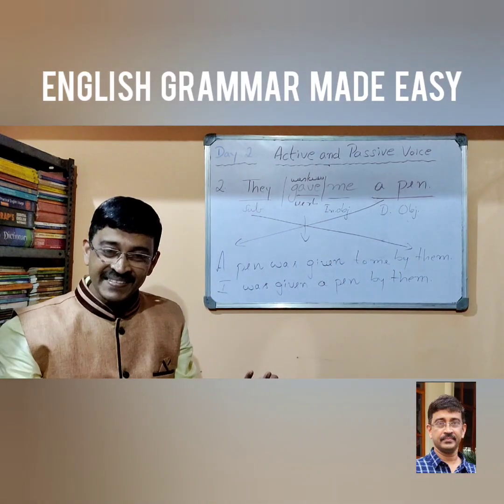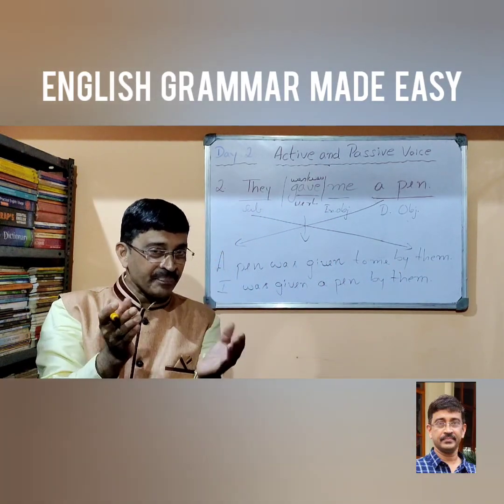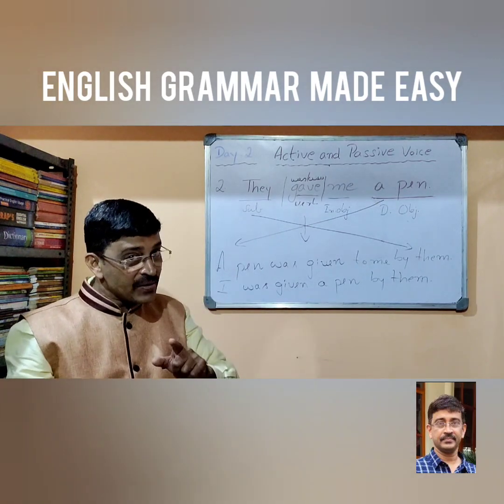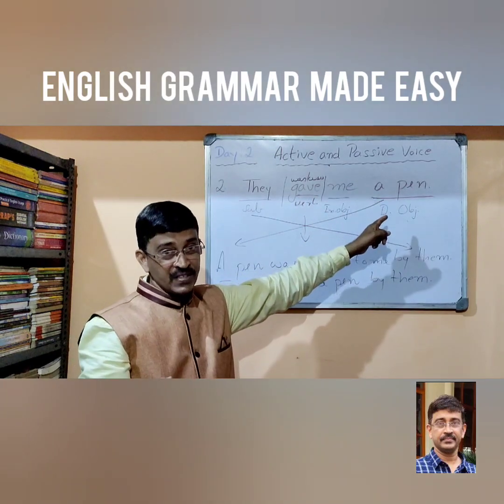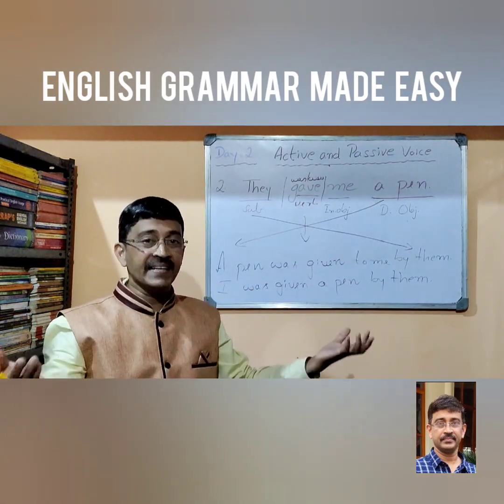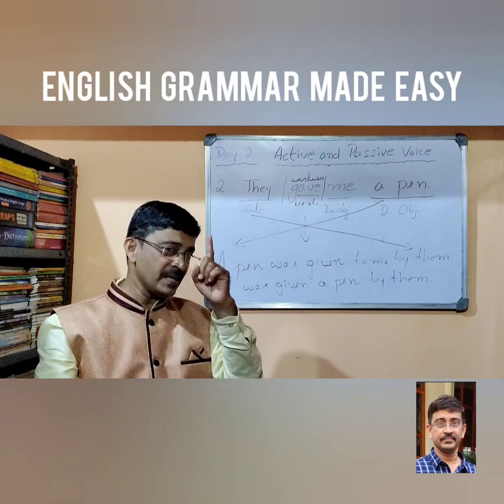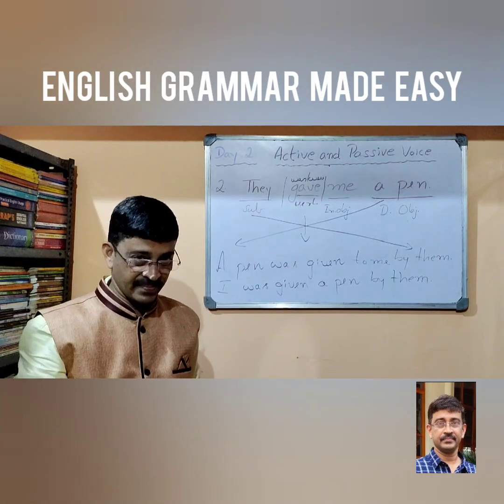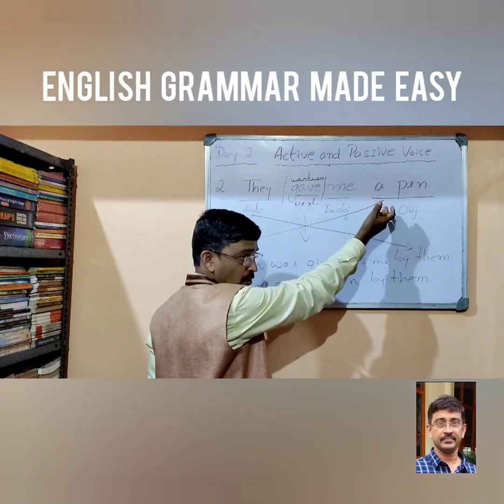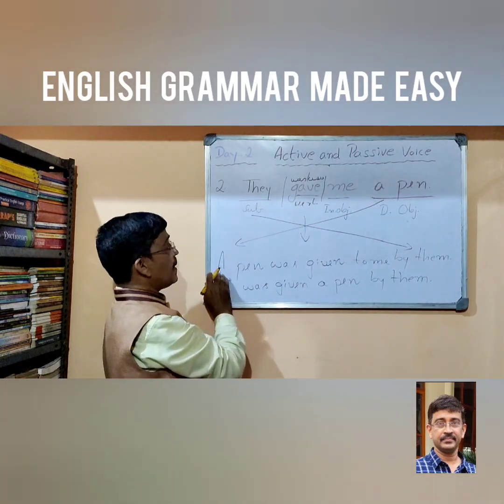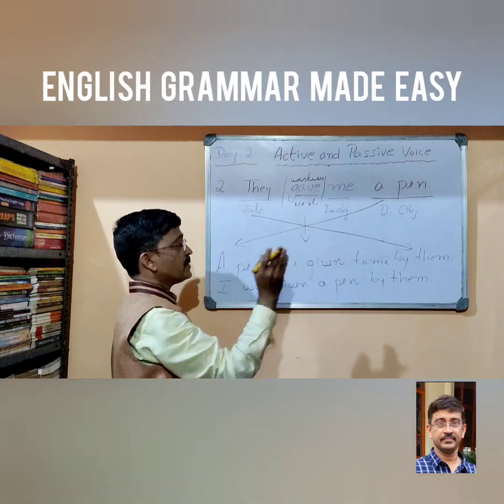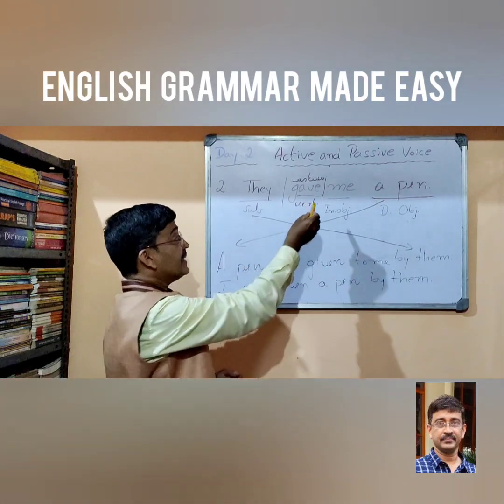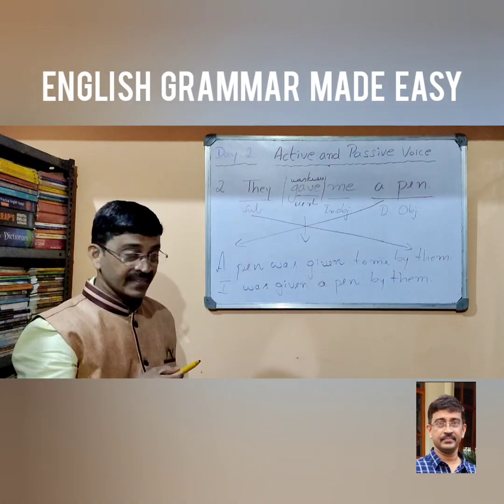Very simple. Just remember subjective case and objective case. Whenever you have two objects, direct object and indirect object, please remember you will take either one of them. You can take the direct object first and say a pen was given to me by them, or you can take the indirect object first.